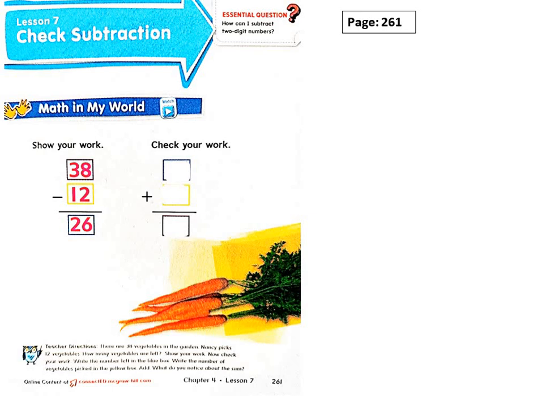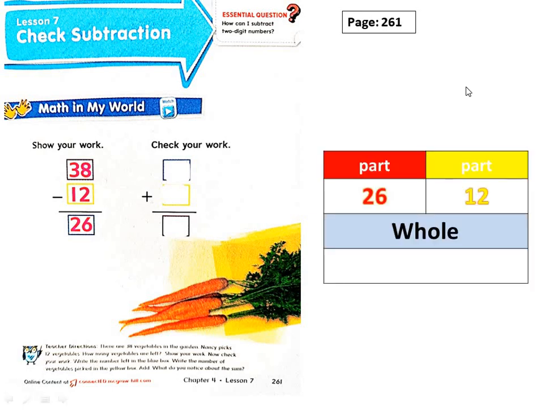Interesting. As you know, grade 2, subtraction involves taking the whole and subtracting a part. The whole is 38 vegetables. One part is 12. When you subtract it, you find the other part, which is 26, just like this. The first part is 12.